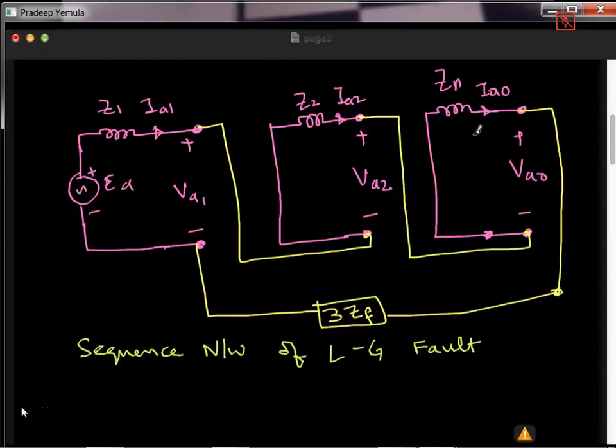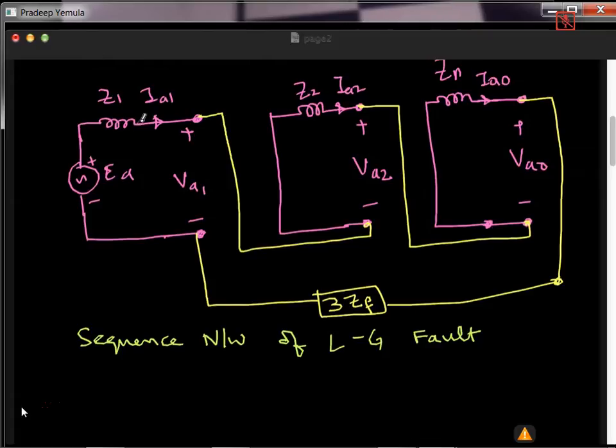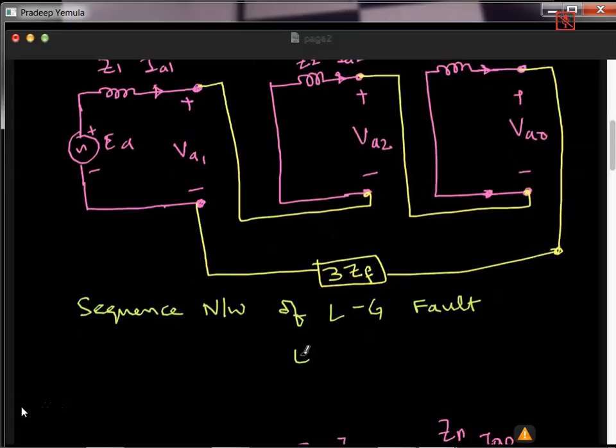So how to use this network? Can you tell what is the current now from this? You see IA1 is equal to IA2, IA2 is equal to IA0, because all three are in series. So all three currents are equal and the total current will be, you see what is the total voltage in this? Only one voltage source is there, EA. So total voltage is EA.